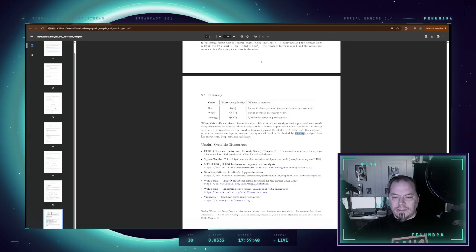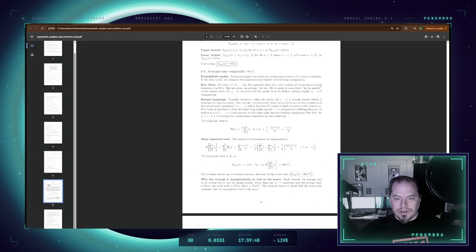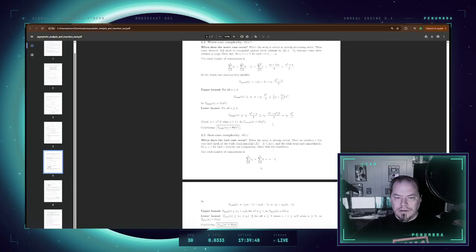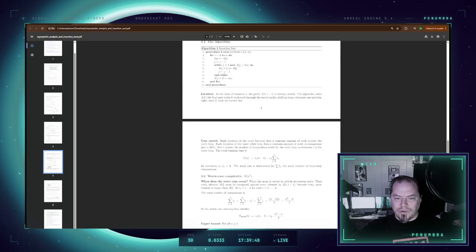So this discussion is talking about how on larger uniformly random worst case inputs, we're talking about the n squared average case and the n squared big O case.